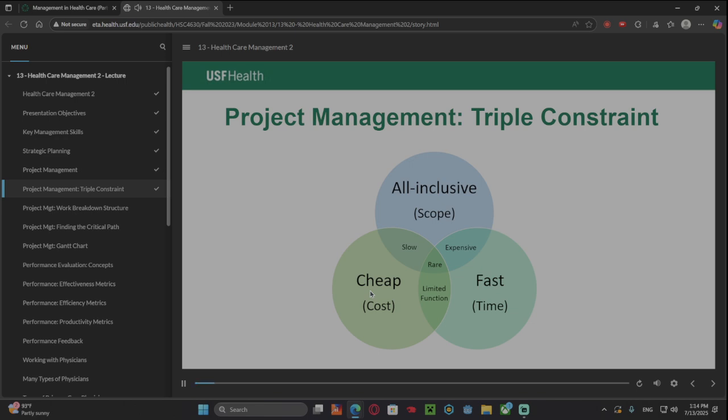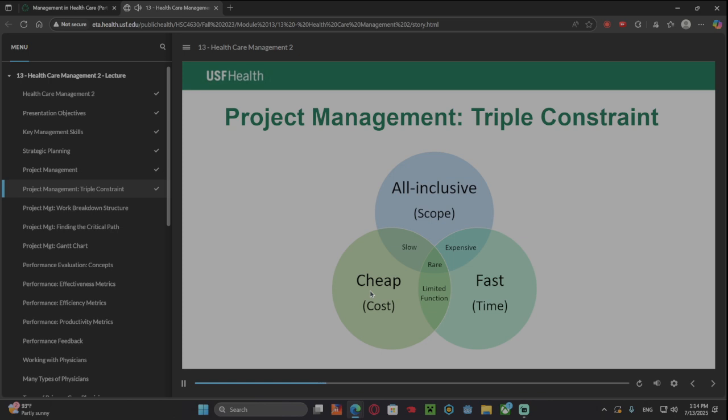Limits are placed on almost any project, and project managers are responsible for managing the conflict between all the priorities, all the constraints. This Venn diagram is the triple constraint model. When one of the three constraints changes, trade-offs among the other two must be made.